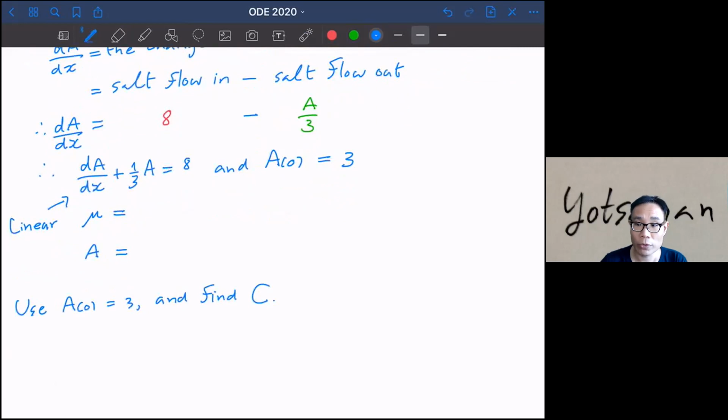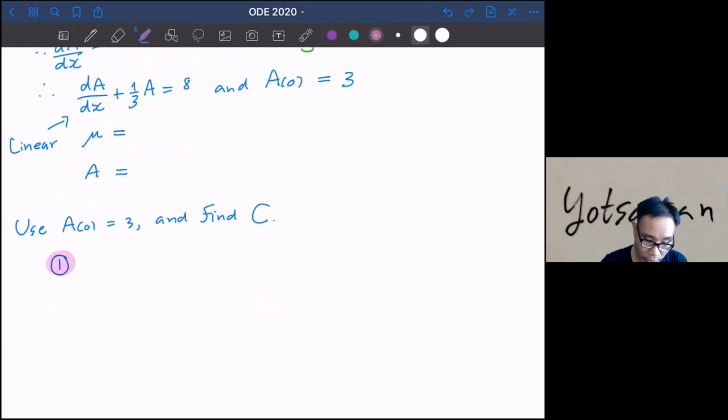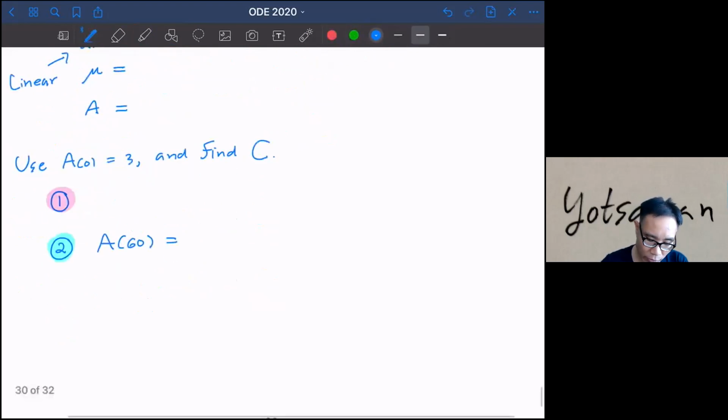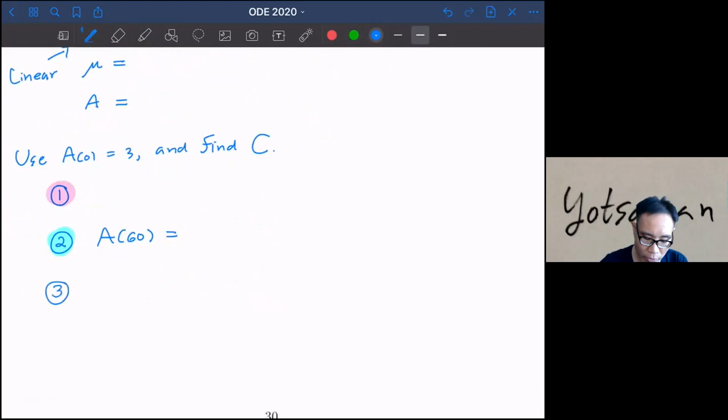So this one will give you the answer for the first question. And the second question, you're gonna compute A(60), so that will be your second question. And the third question will be you need to compute the limit as x goes to infinity of A(x), so this will be your third question.